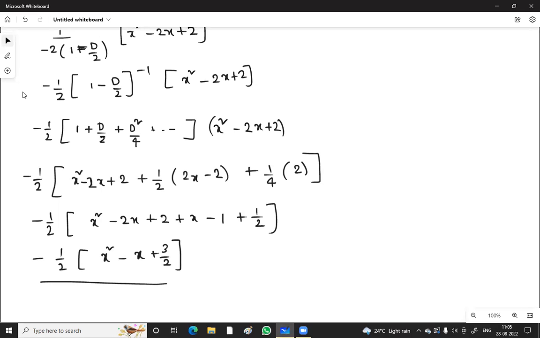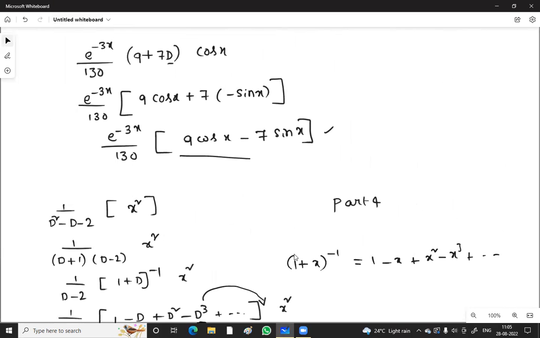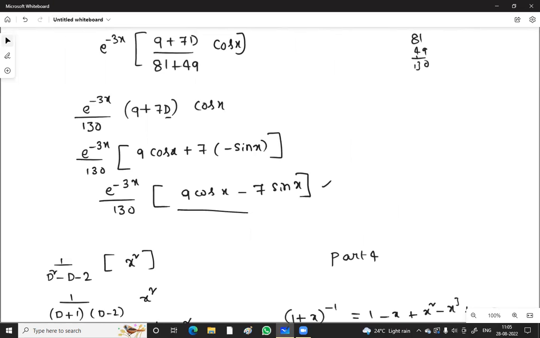Now we have 4 individual solutions. This is, let us say, solution 4, because this is the case 4 in the particular integral. This is the part 3 solution, let us say S3.